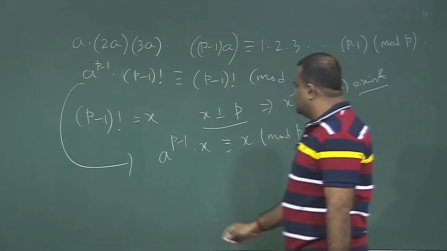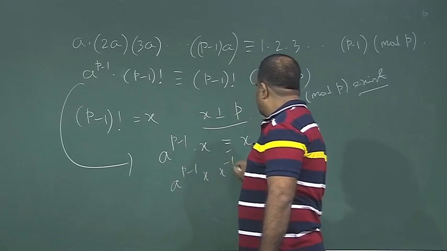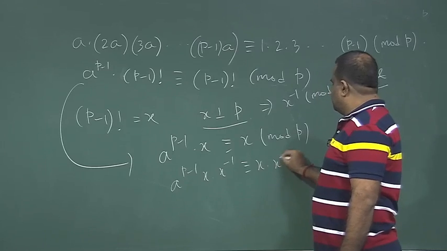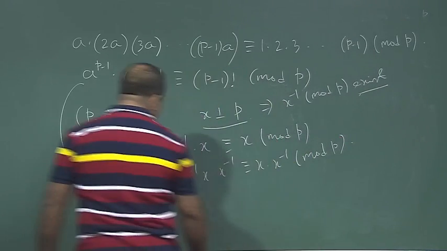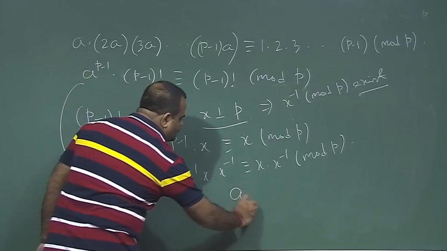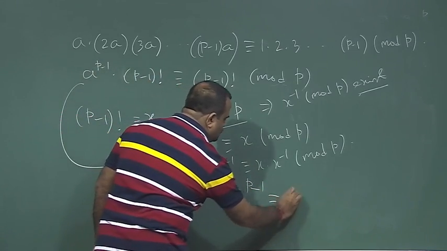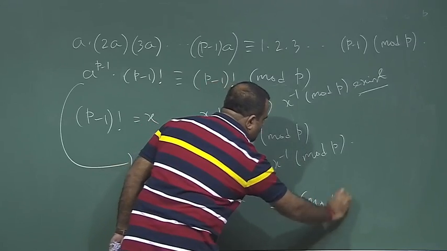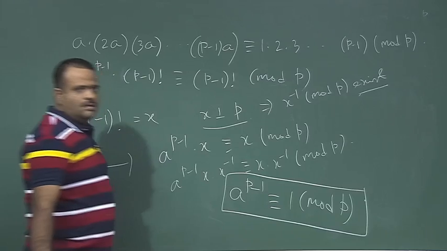So, we can apply x inverse on both sides. X inverse mod P. So, this will give us basically the Fermat's little theorem, a^(p-1) congruent to 1 mod P. Okay.